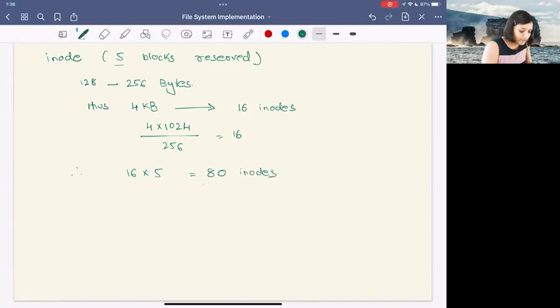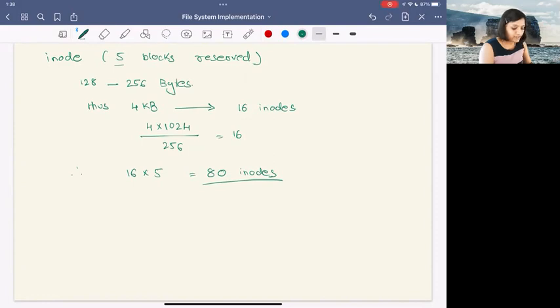What does 80 inodes mean? We know that every file has a unique inode number and its own inode structure, right? That stores details about the file, such as file size, when the file was last modified, things like that.